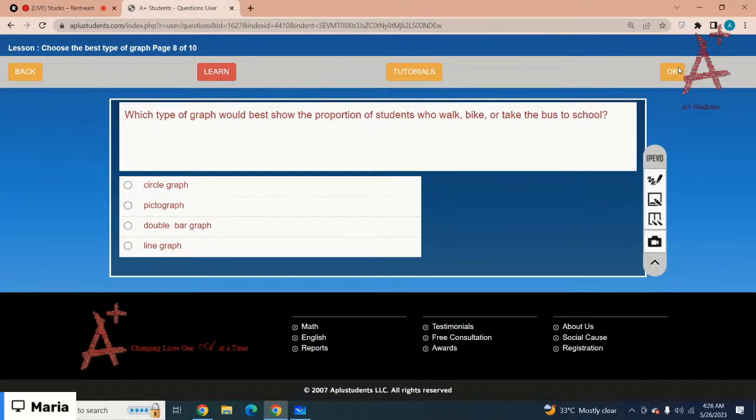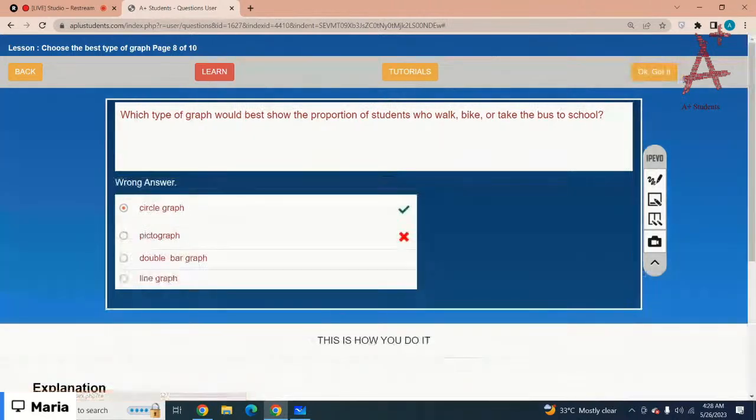You have more than one value, so that means you can use the pictograph. Oh, that is a circle graph. I'm just guessing the answers.